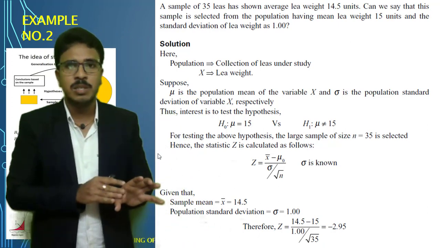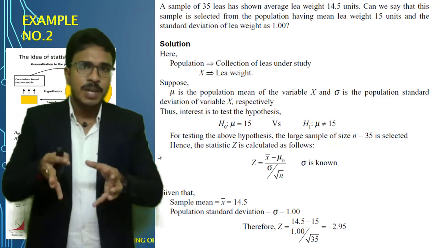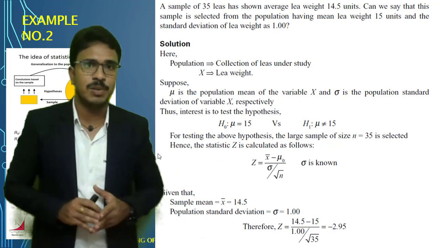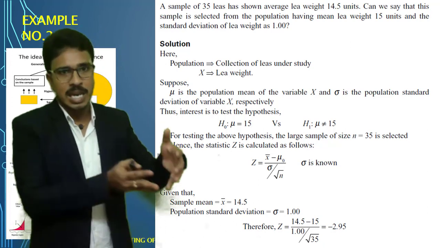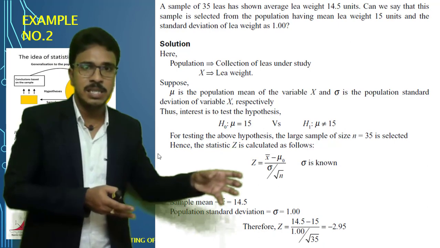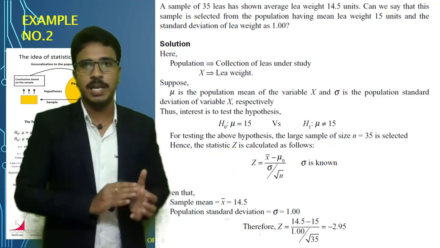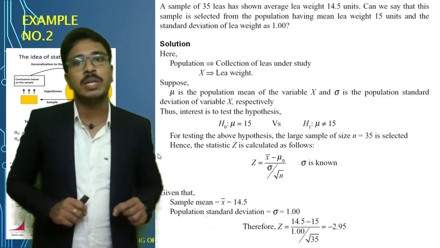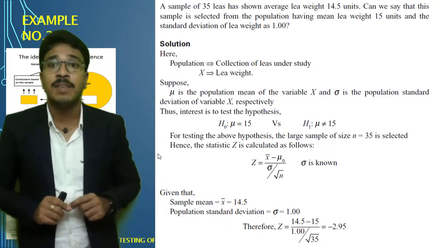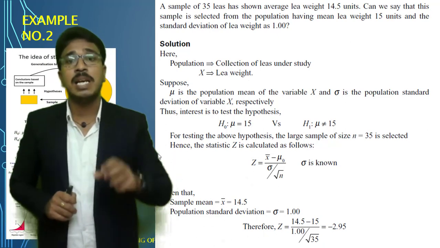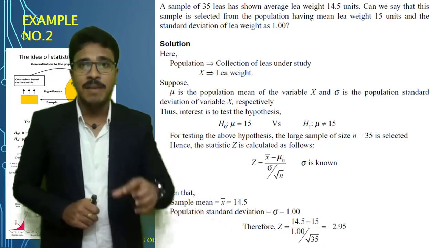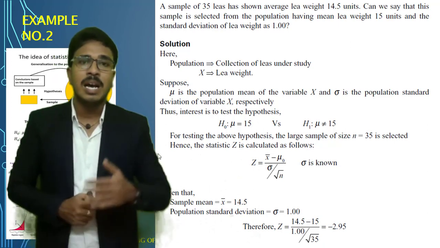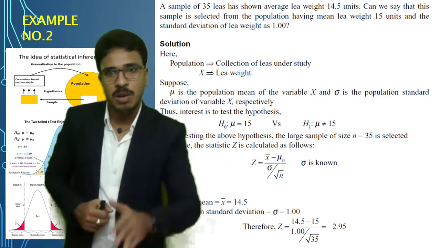So from the population, which they claim has a leaf weight of 15 units, they selected the yarn and prepared 35 leaves and found the average leaf weight of 14.5 units. So here what we have to test: can we say that the sample is selected from the population having 15 units and a standard deviation of 1, or not?